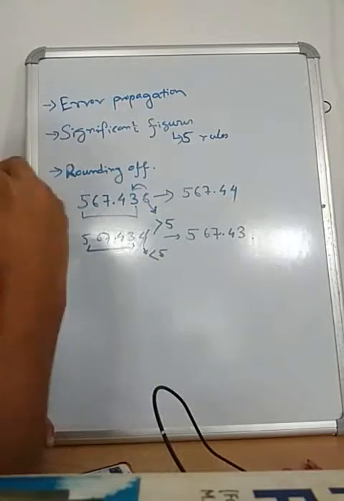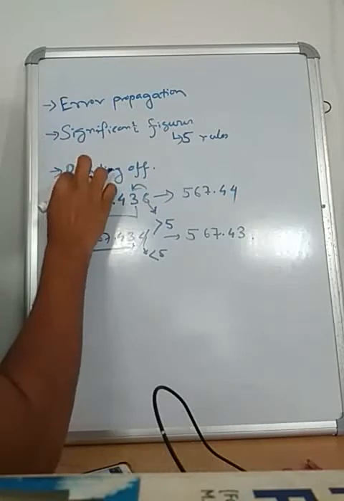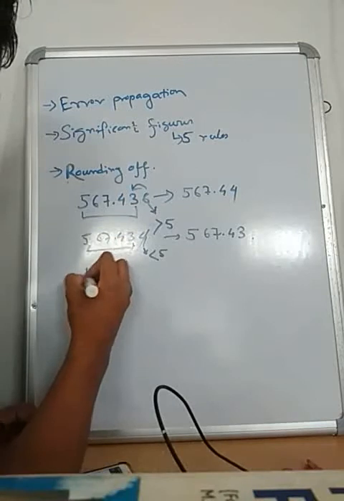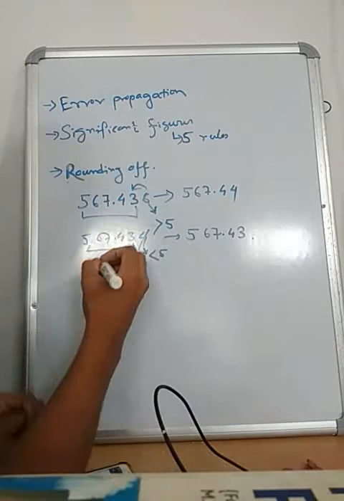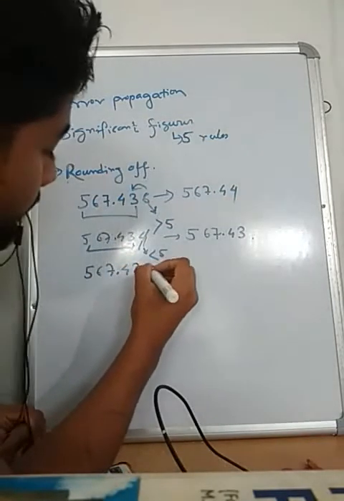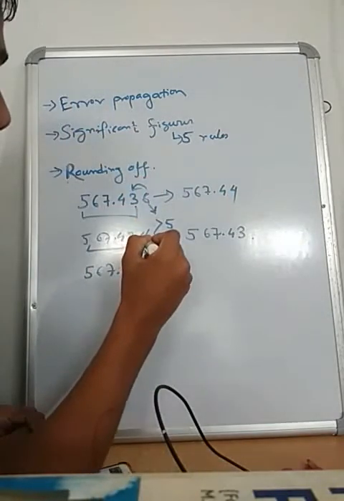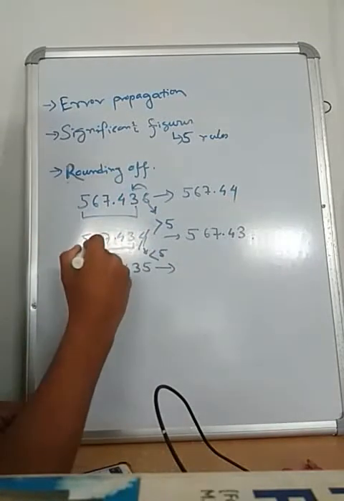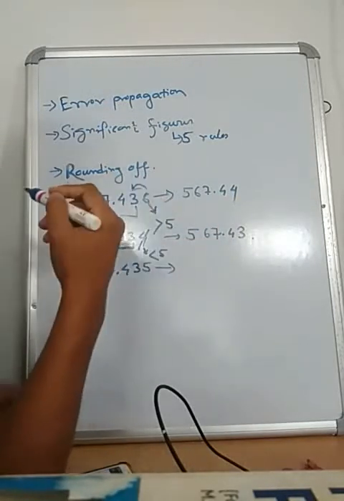The difficulty arises in this case if this value is equal to 5. Suppose 567.435. If the number is less than 5, we keep the number as it is up to the required significant figures.